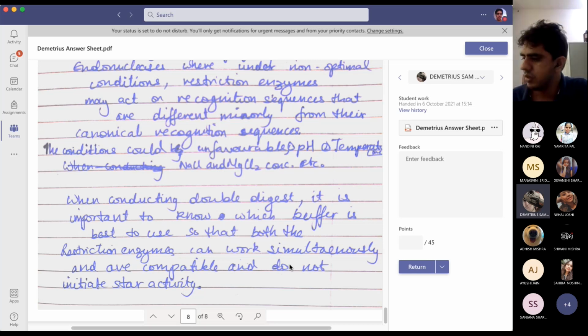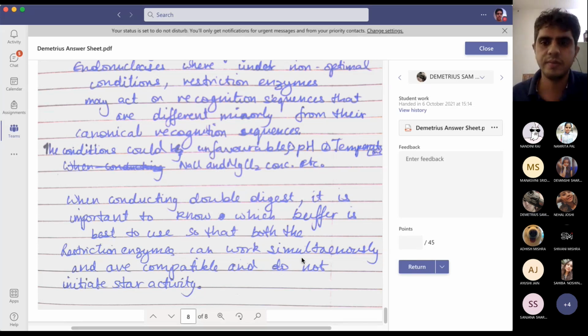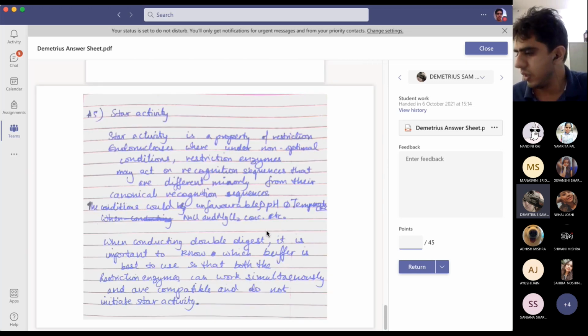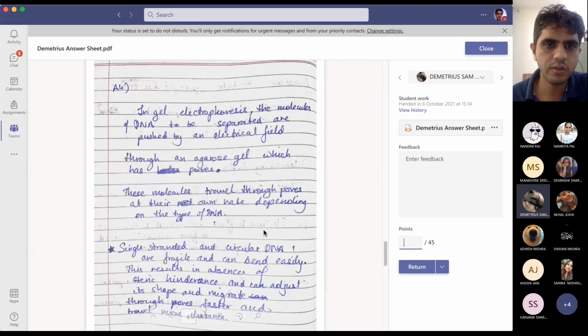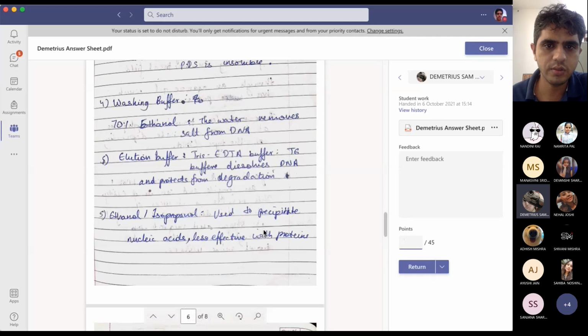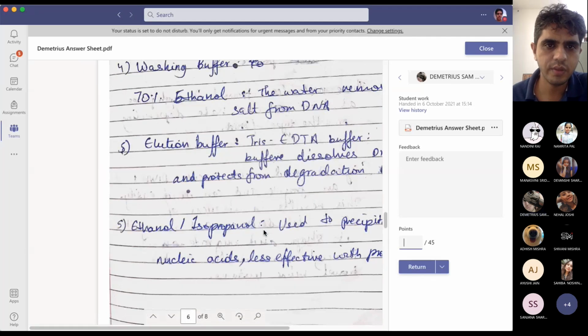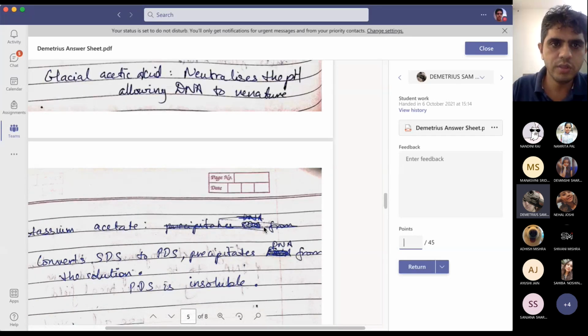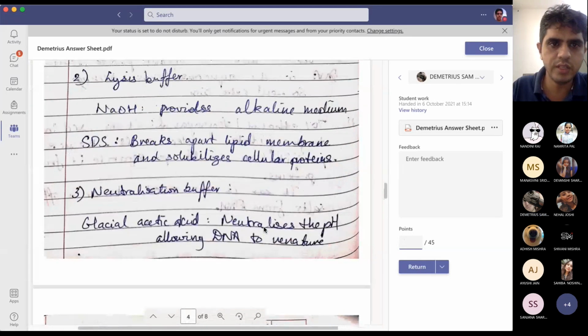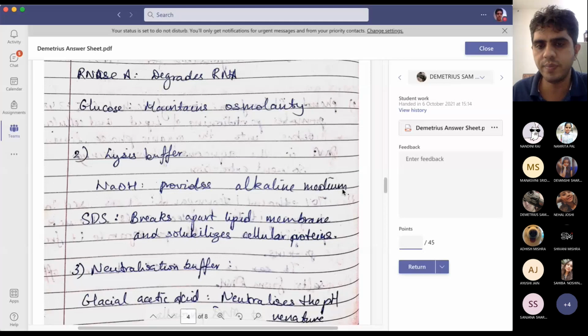Okay, sir. That's fine. Or do you feel that somewhere you should get more marks? Could you tell me what was missing in question number 3? Yes, sir. In question number 3, when you are writing about NaOH, it provides the alkaline medium.